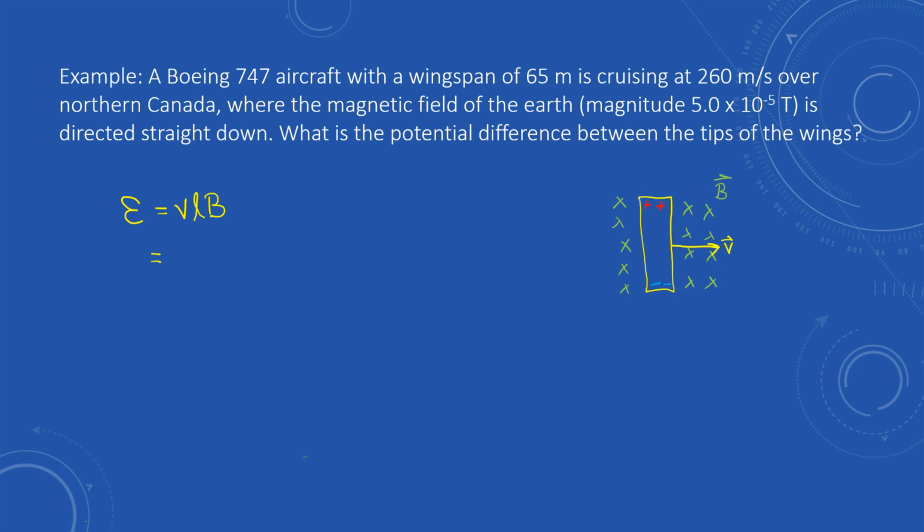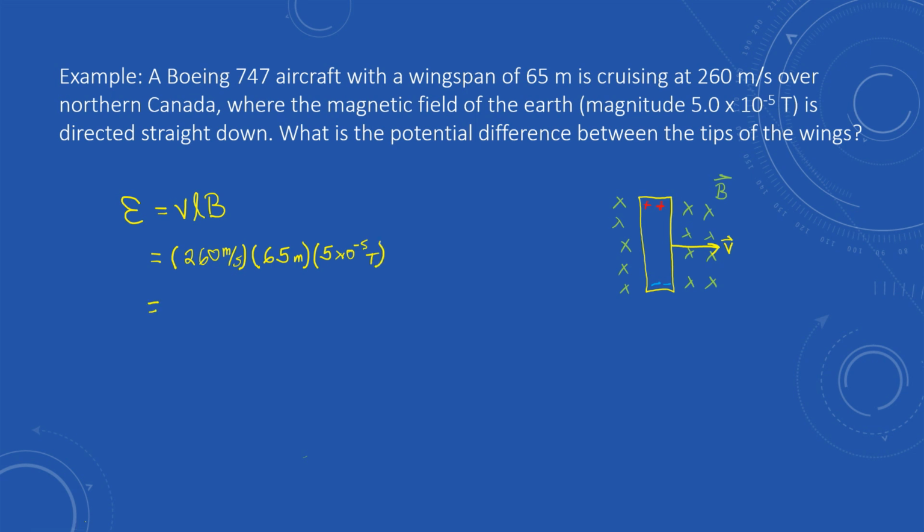Anyway, so the speed of the plane is 260 meters per second. We know the wingspan of the plane is 65 meters, and the strength of the magnetic field is 5 times 10 to the minus 5 Teslas.